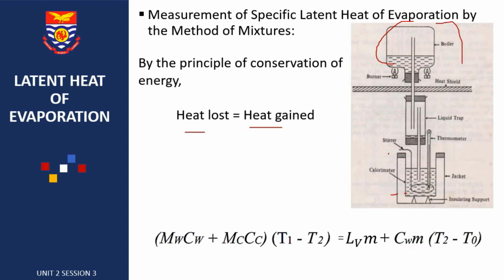For this particular place, we expect that there should be evaporation, liquid to a vapor, which is going to be trapped in a liquid trap here, and later on comes here, where we have a thermometer to be taking the temperature as it changes regularly.